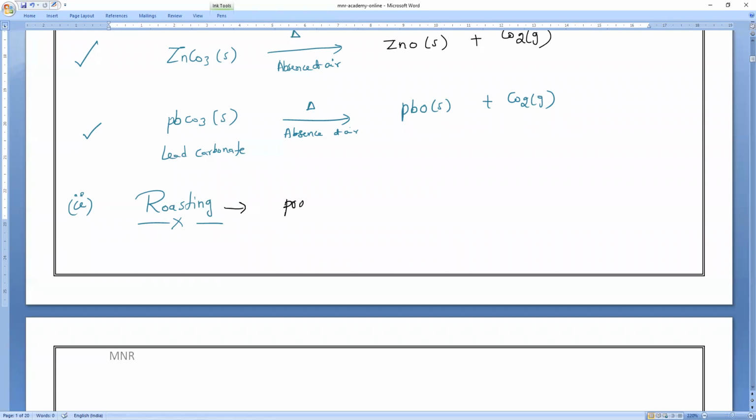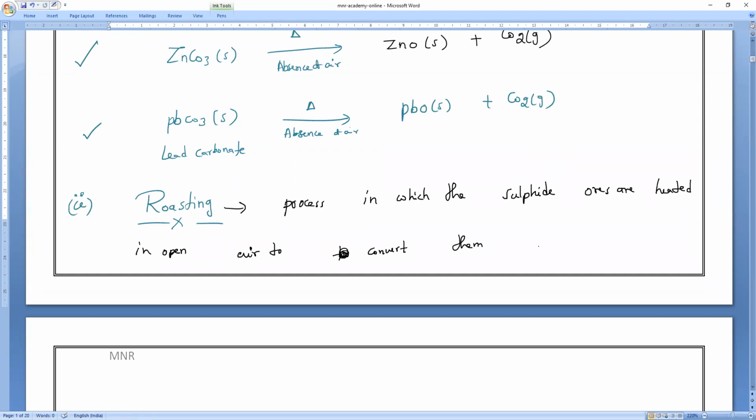This is the process in which the sulfide ores are heated in open air to convert them into oxides.